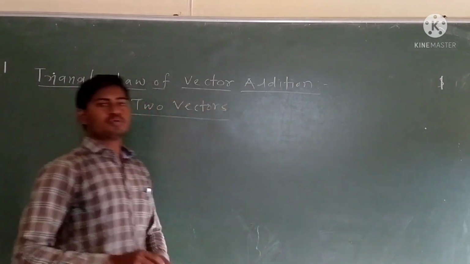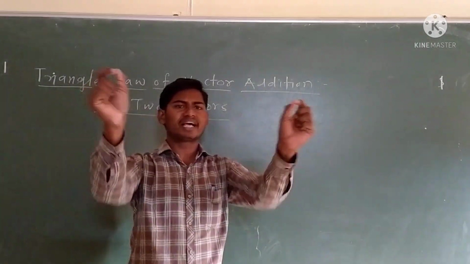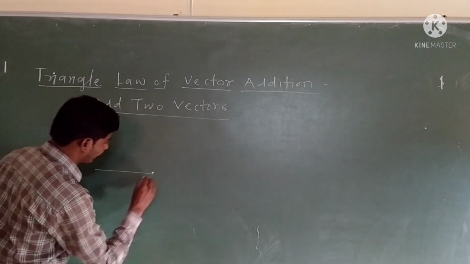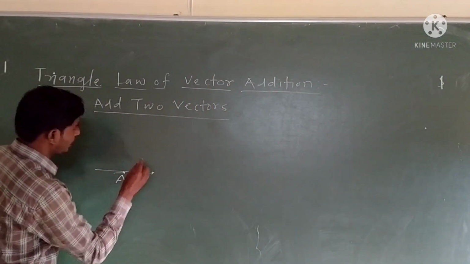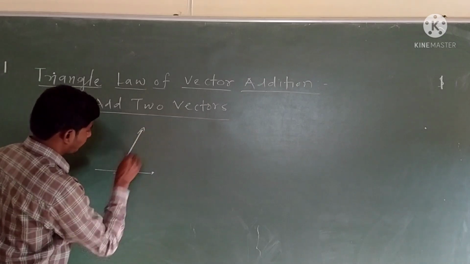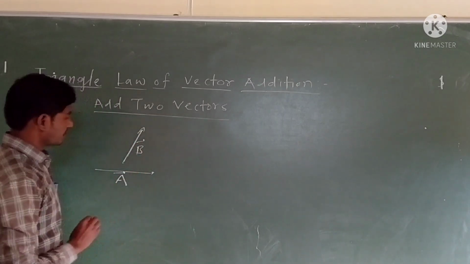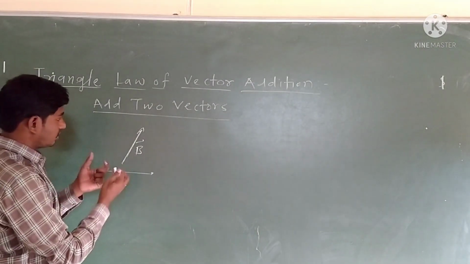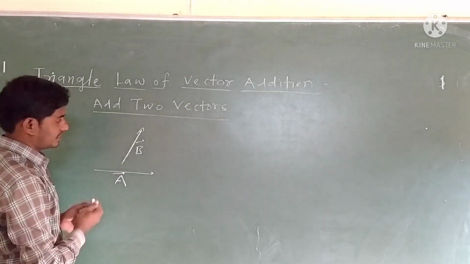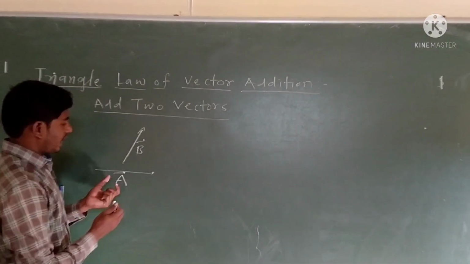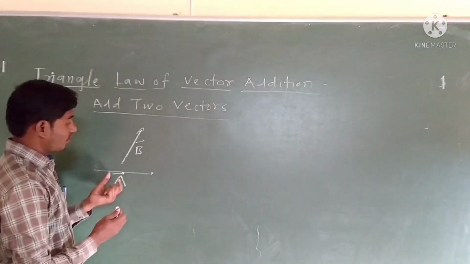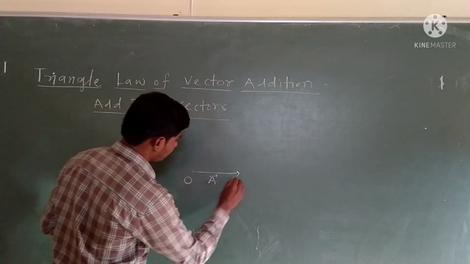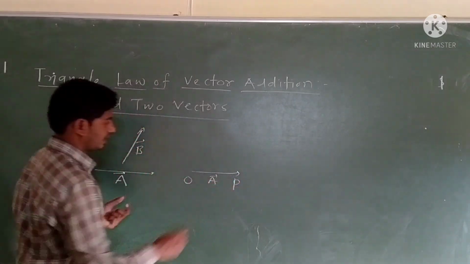Now according to the statement of triangle law of vector addition, suppose we wish to add two vectors, vector A and vector B. Okay. So I draw a vector equal and parallel to vector A, that is the OP vector.